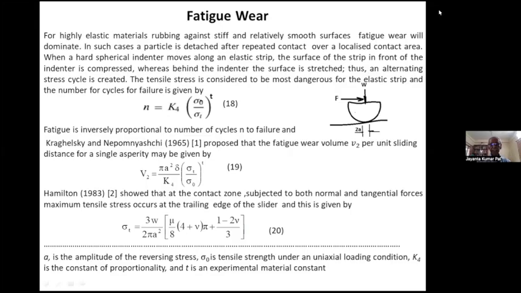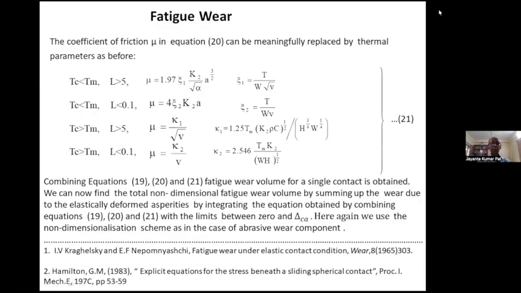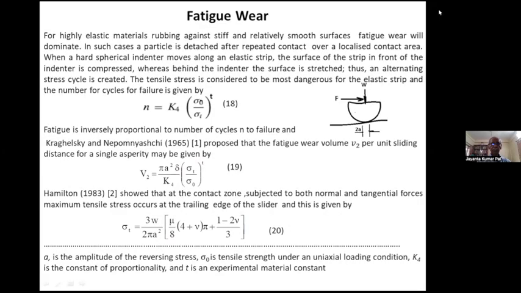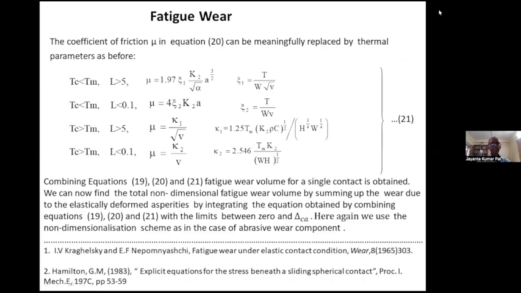So we do that, but before that, we also need to put an expression for mu, that is the coefficient of friction, which would be dependent on many factors, particularly the thermal factors. And these have been discussed earlier, and we present here again for different contact temperature and speed.